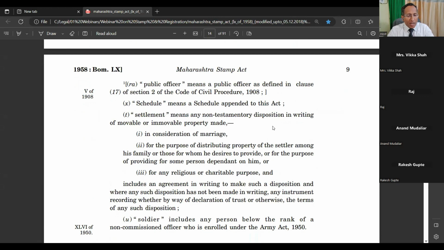It means any non-testamentary disposition in writing of movable and immovable property made in consideration of marriage for the purpose of distributing property of the settler among his family, or for providing for some person dependent on him. So they have defined what is a settlement, which you are talking about. It's the same thing in the language of the Stamp Act.